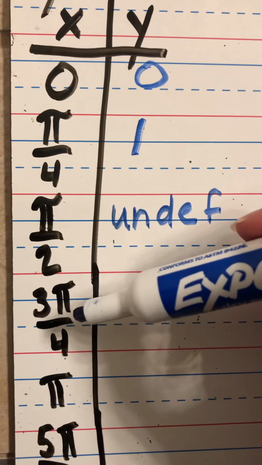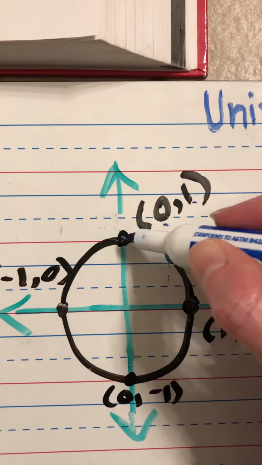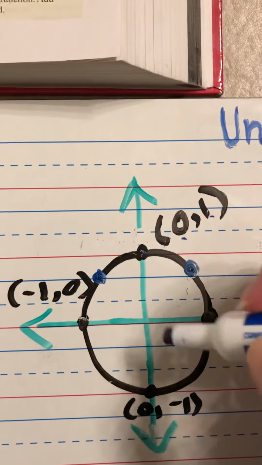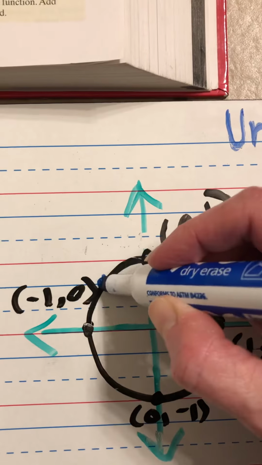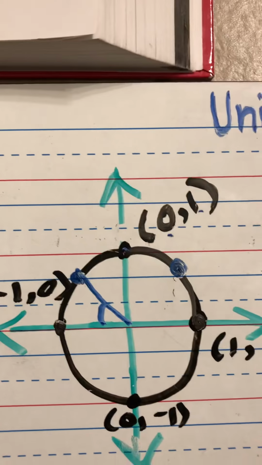So 3 pi over 4. Go back to the unit circle. Here's 1 pi over 4, 2 pi over 4, 3 pi over 4. I'm still going to use the reference angle of 45 degrees.